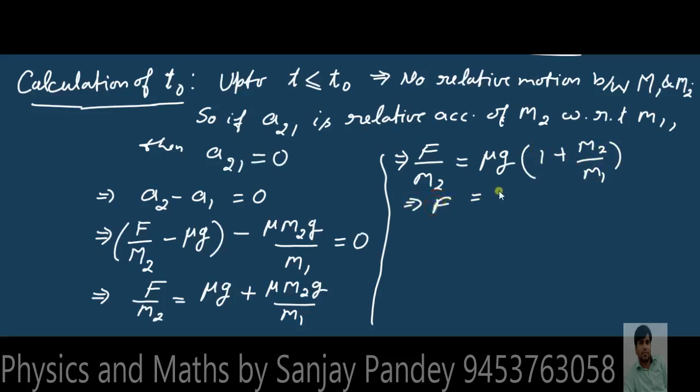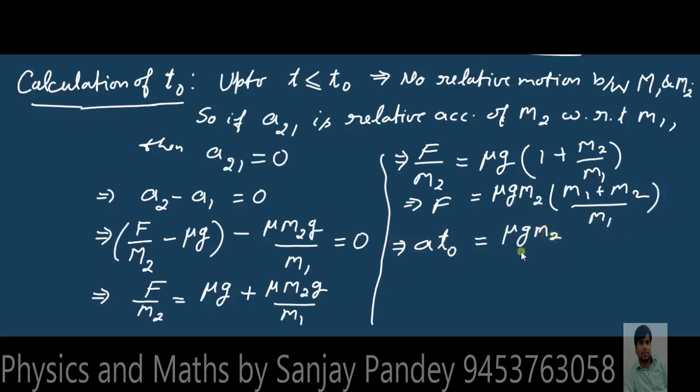F will be equal to mu g m2 (m1 + m2)/m1, as F = At at time t0. So At0 will be equal to mu g m2 (m1 + m2)/m1.